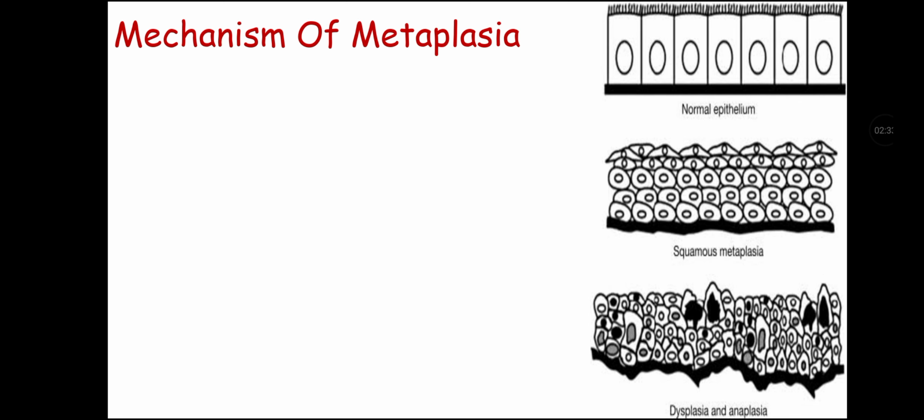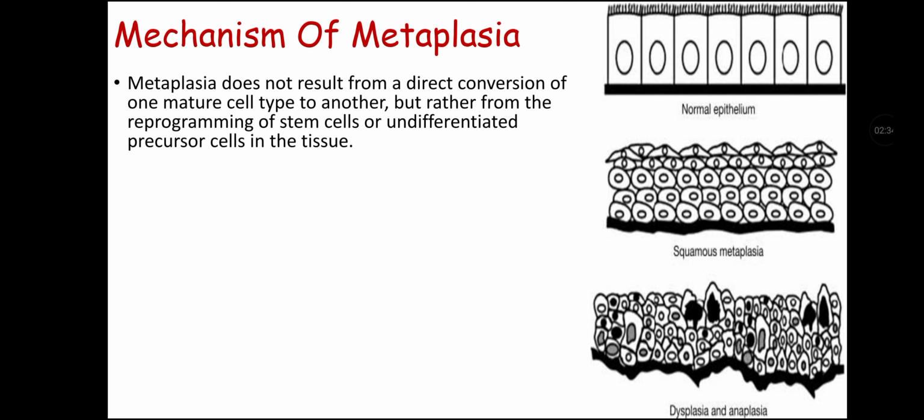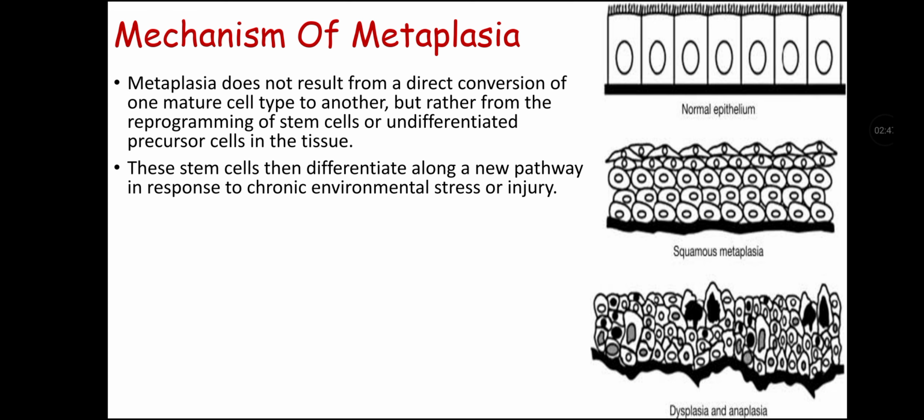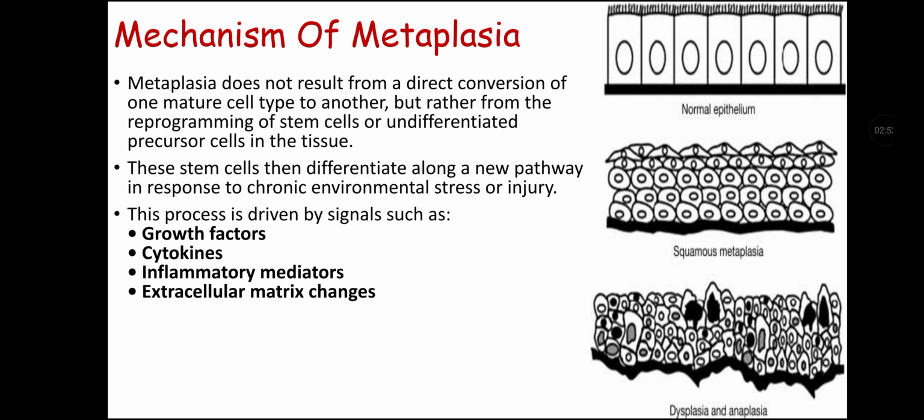Mechanism of metaplasia. Metaplasia does not result from a direct conversion of one mature cell into another mature cell, but rather from the reprogramming of stem cells or undifferentiated precursor cells in the tissue. This stem cell then differentiates along a new pathway in response to chronic environmental stress or injury.